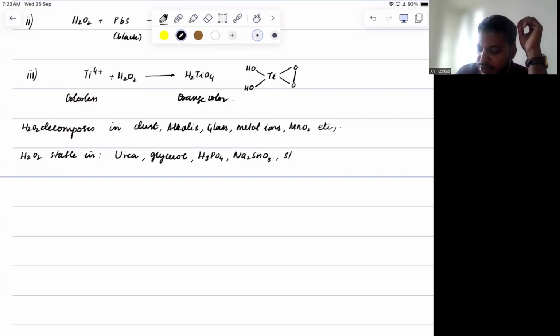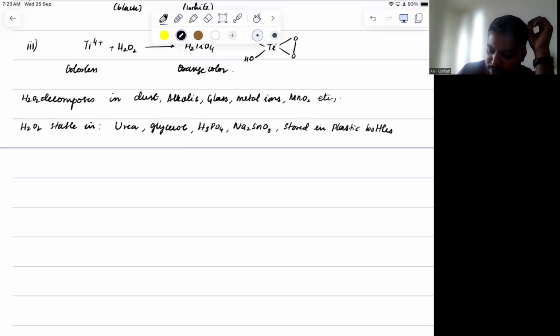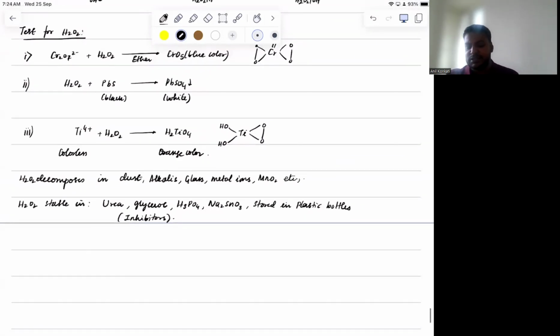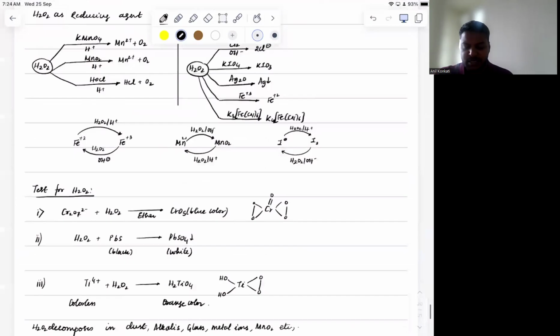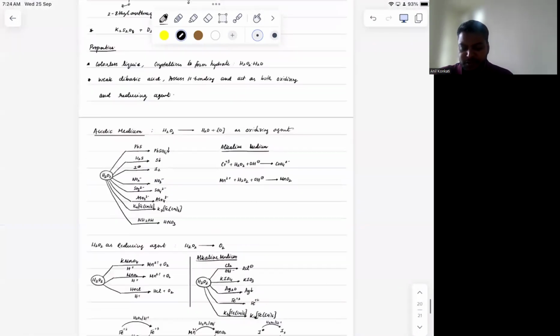And stored in plastic bottles. And these compounds are called stabilizers or inhibitors. And so this is the brief synopsis of peroxide, guys.